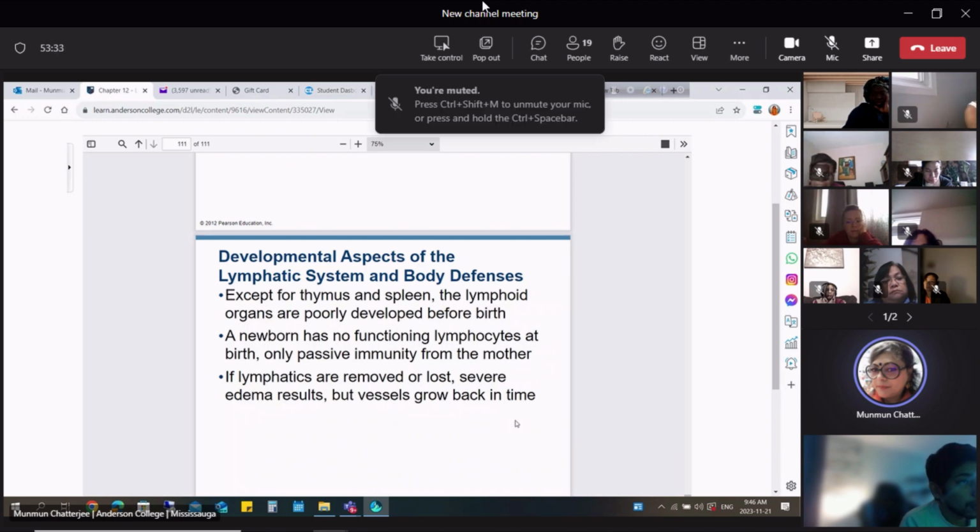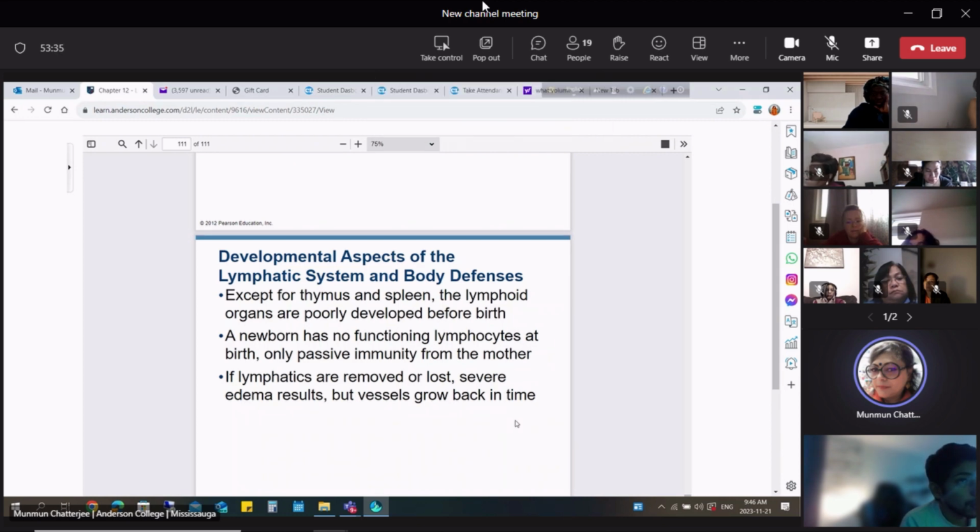Developmental aspects of the lymphatic system and body defense. Generally, only the thymus and spleen, these two organs, develop inside the mother's womb. But the other lymphoid organs are poorly developed before birth.